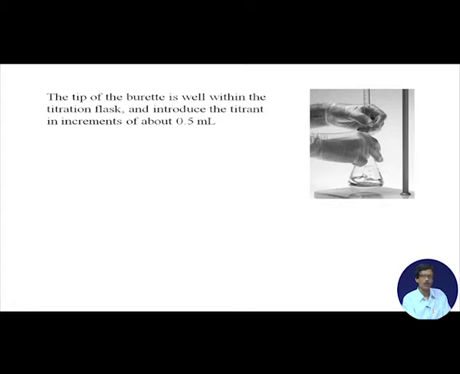And we hold the corresponding conical flask for a particular titration, and in increments of 0.5 ml we add the titrant drop by drop, because we will be reaching the equilibrium process we will be discussing today.